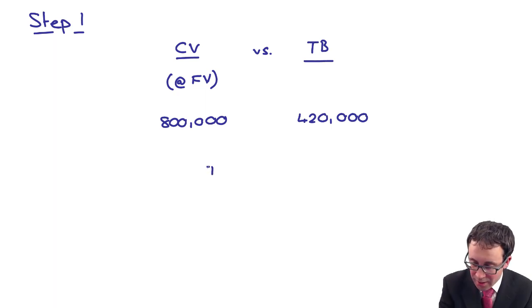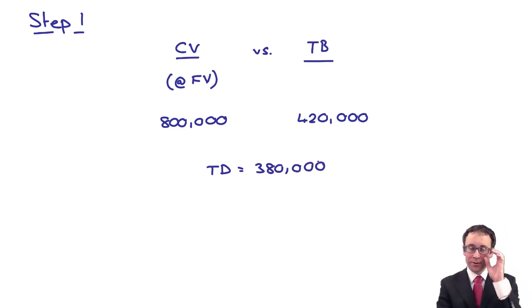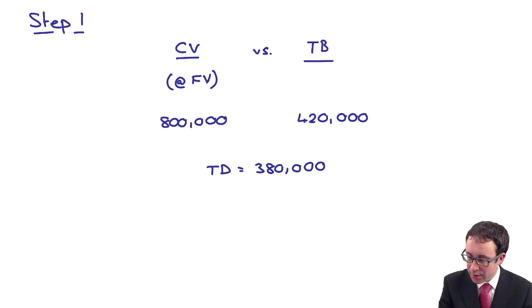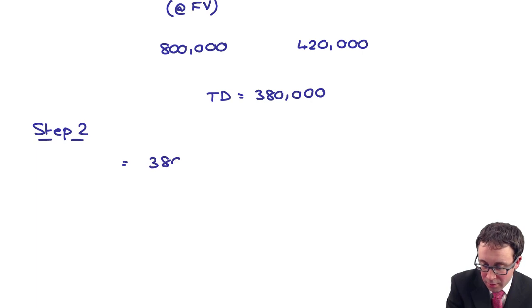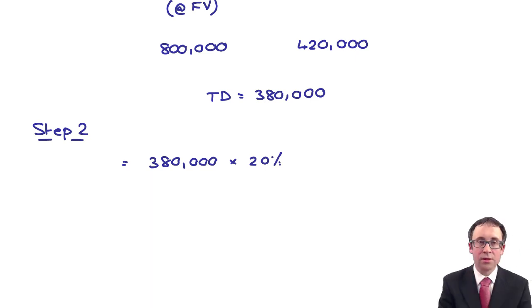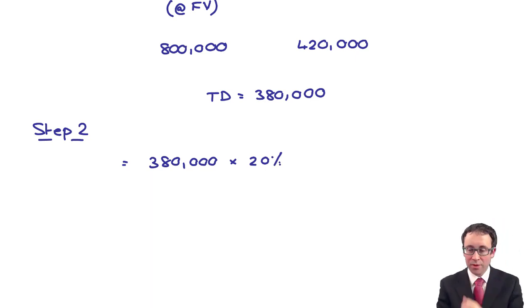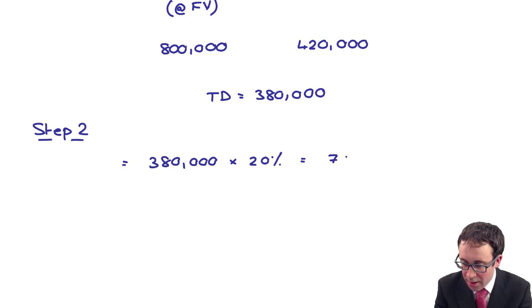And what that then means is that we have a temporary difference, is it, of 380,000. Step 2 is to take the temporary difference and multiply it by the tax rate to work out your deferred tax position. So here, that's $76,000.